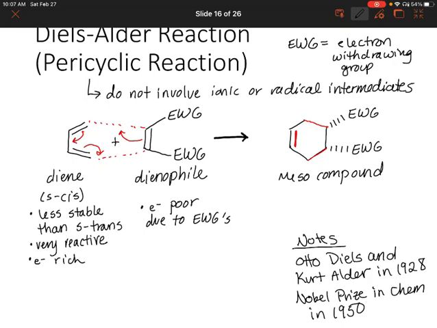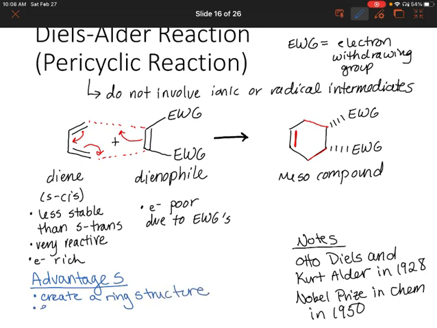All right. Now, there are a lot of advantages to this Diels-Alder reaction, so let's just make some notes about that as well. So one of the advantages is that you create a ring structure. Also, this is really easy to perform.